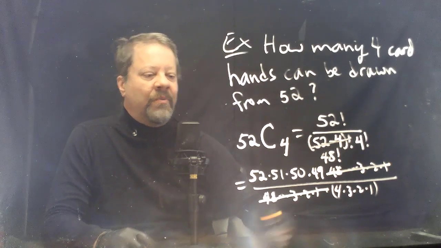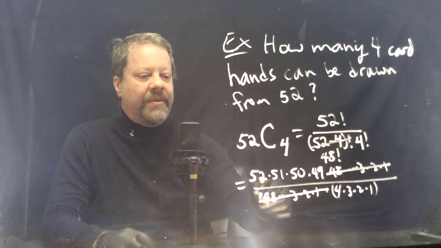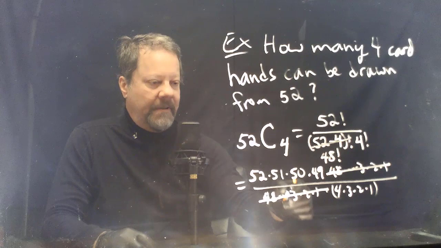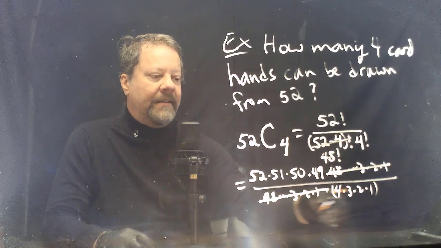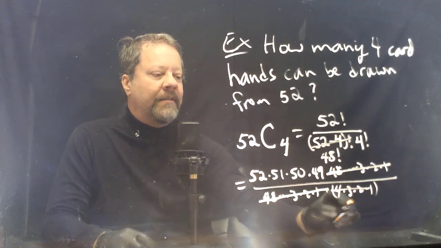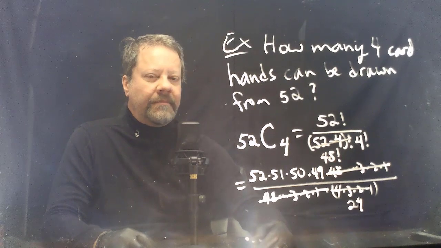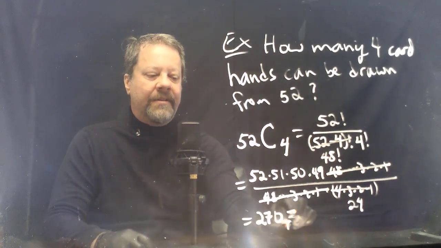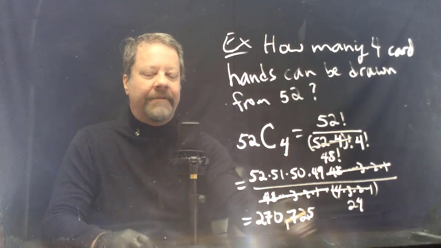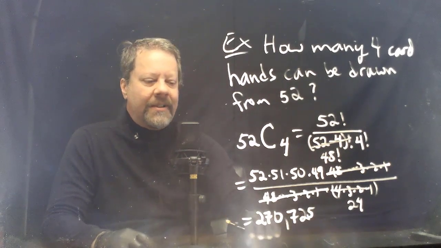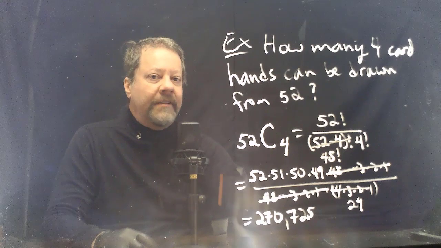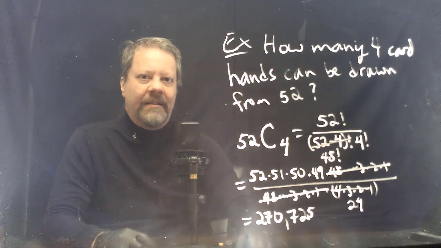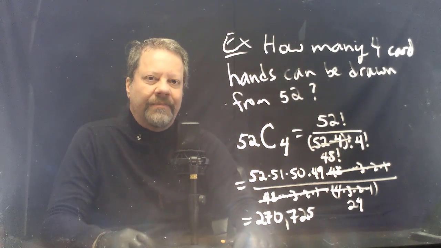So we reduce this to just 52 times 51 times 50 times 49 divided by 24. The total is 270,725. So there are 270,725 4-card hands drawn from a deck of 52.